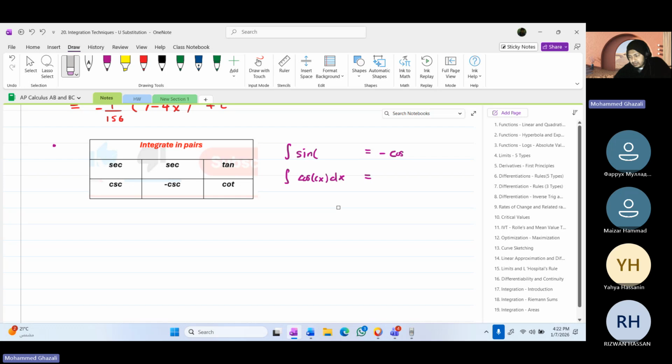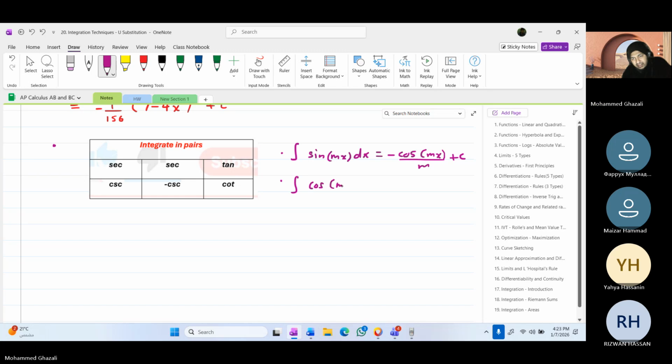Right, guys, I'm going to read it again. Integral of sine mx dx is equal to negative cos mx over m plus c. You have to divide by m because of u substitution. This one here, integral of cos mx dx is equal to sine mx over m plus c.